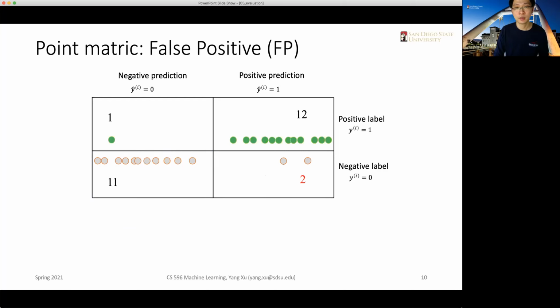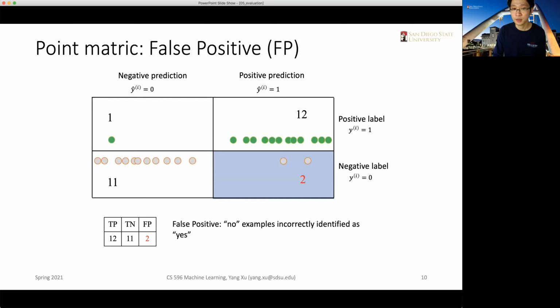Now let's go to the false positive, which is the fourth region here. They are predicted to be positive, but actually they are not. These are the no examples that are incorrectly identified as yes, so that's why we call them false positives. Maybe in statistical books we will call it a false alarm.